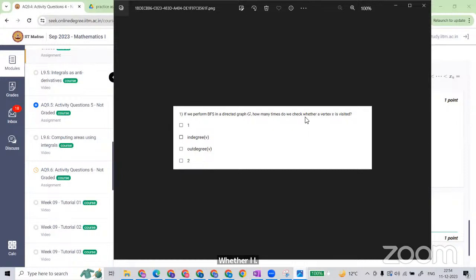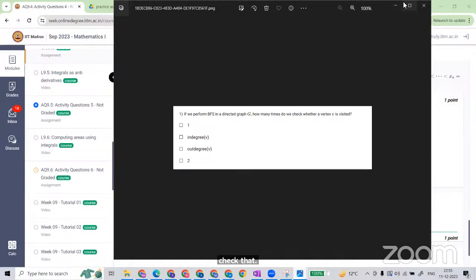How many times do we check whether a vertex V is visited? In degree, out degree 2, 1. How many times we will check that? I have a question.